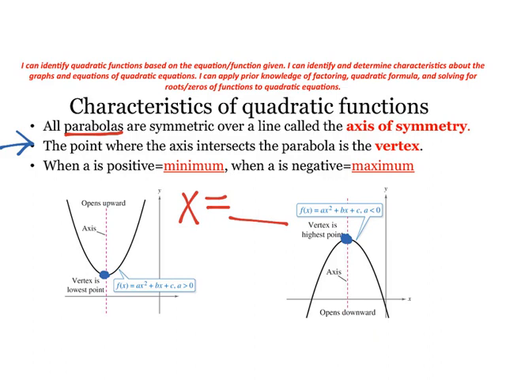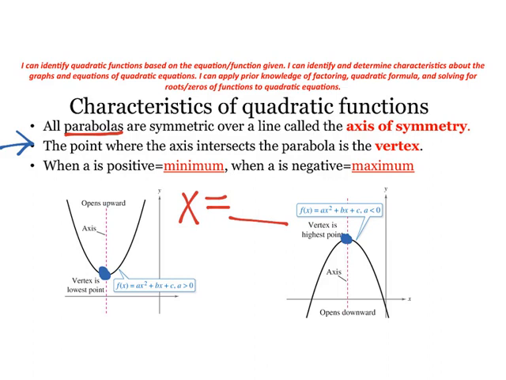I repeat that. My axis of symmetry for every quadratic equation's graph hits the graph exactly 1 time. In the diagram on the left, with that parabola opening up, you'll notice that it hits the parabola at exactly 1 point, and it is the absolute lowest point on that graph.